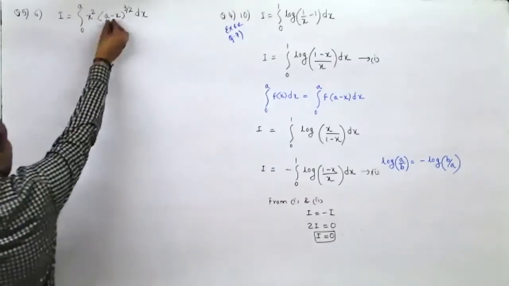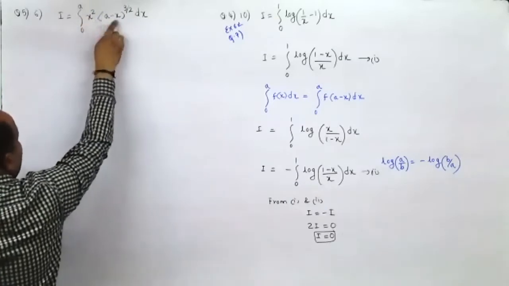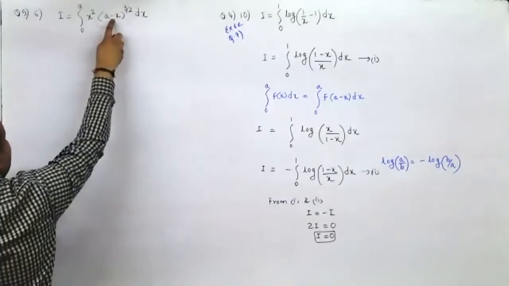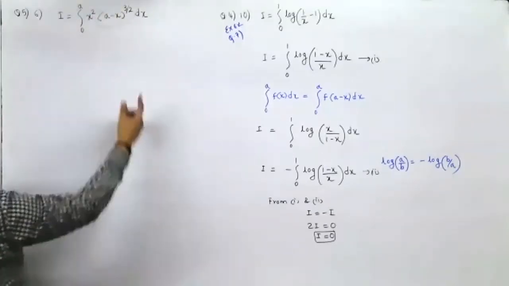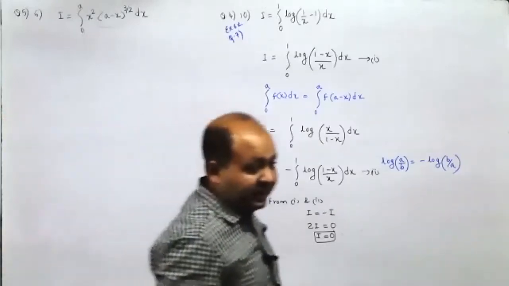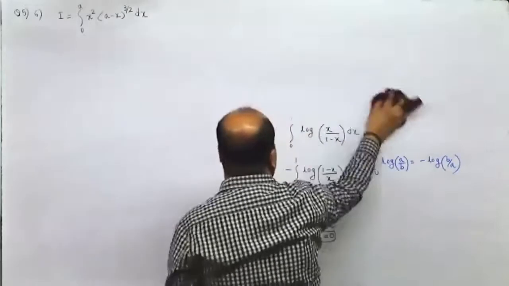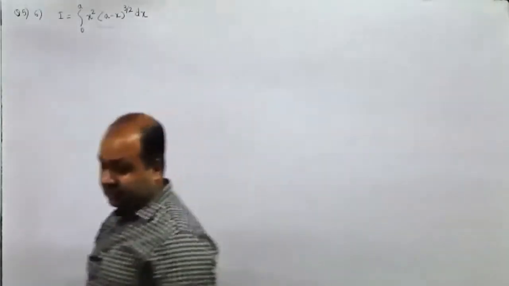Here you cannot multiply these two because the powers are different. But when this becomes x and this becomes a minus x, after expanding you can multiply it. So here you cannot multiply it because the powers are different, but when you apply the property, you would be able to multiply it.